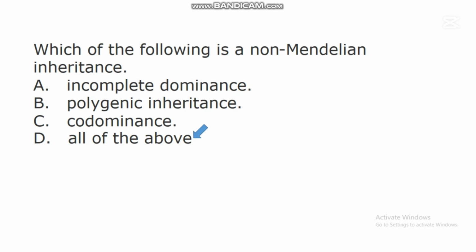One of these is incomplete dominance. We also have polygenic inheritance, and even co-dominance. All these options are non-Mendelian inheritance patterns because they don't follow Mendel's principles of inheritance.